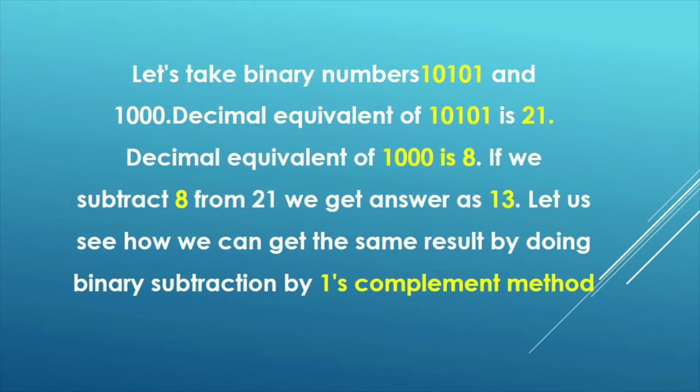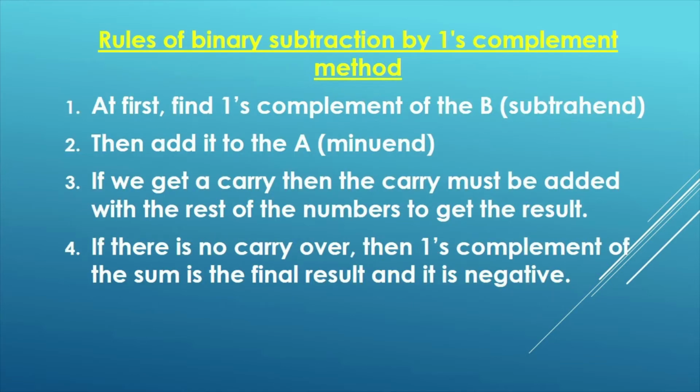Before we proceed, let us look at the rules and the steps that should be followed in the 1's complement method. The first rule is we have to take the complement of the subtrahend. The second rule is we have to add the complement of the subtrahend with the minuend.